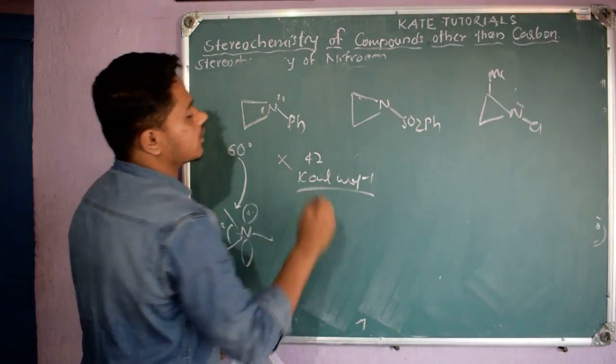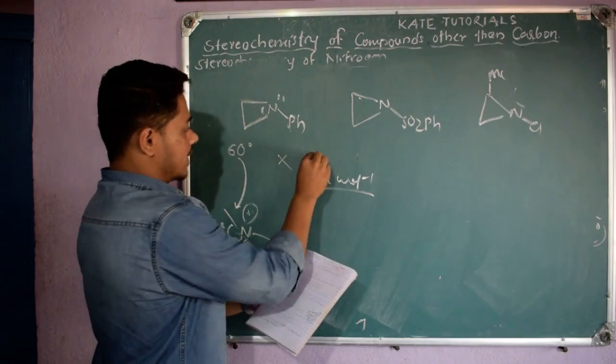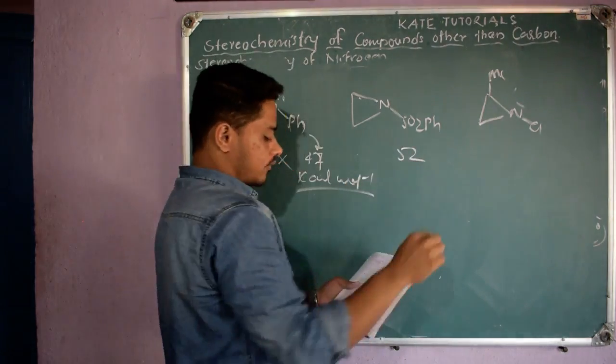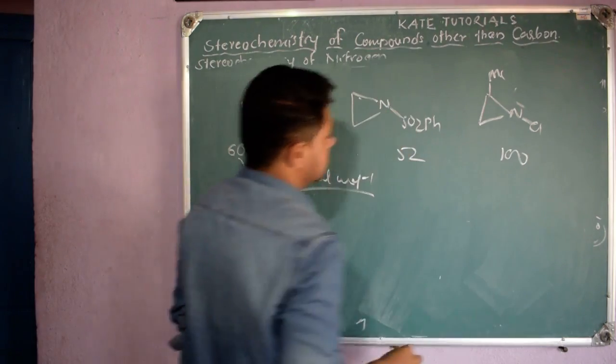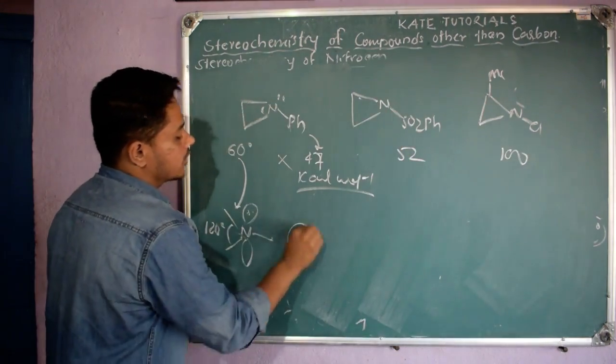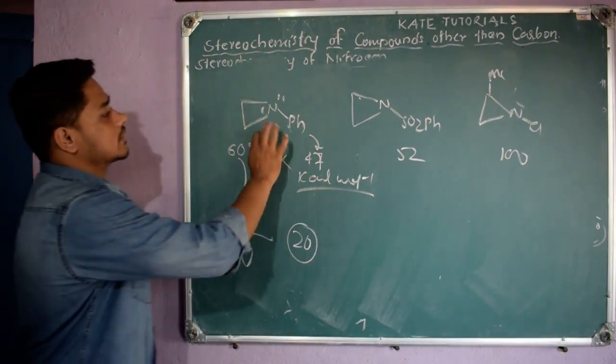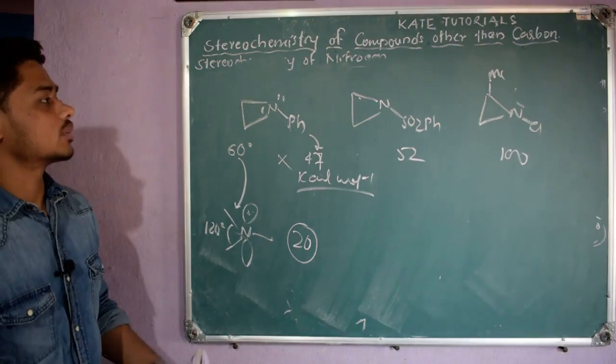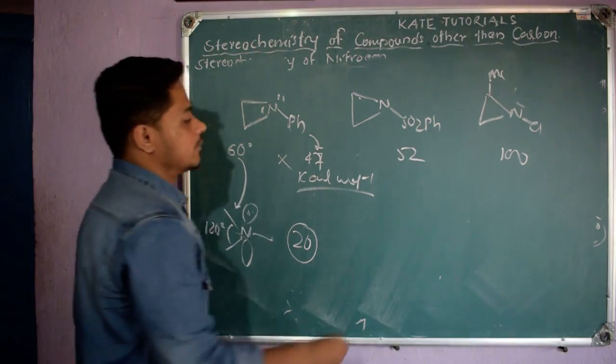All are in kilocalorie per mole. It is 47 for this molecule, for this molecule it is 52, and for this molecule it is 100. Whereas at room temperature it is 20 kilocalorie per mole. Right. So these compounds can be easily isolated in pure form, because they will not undergo pyramidal inversion.